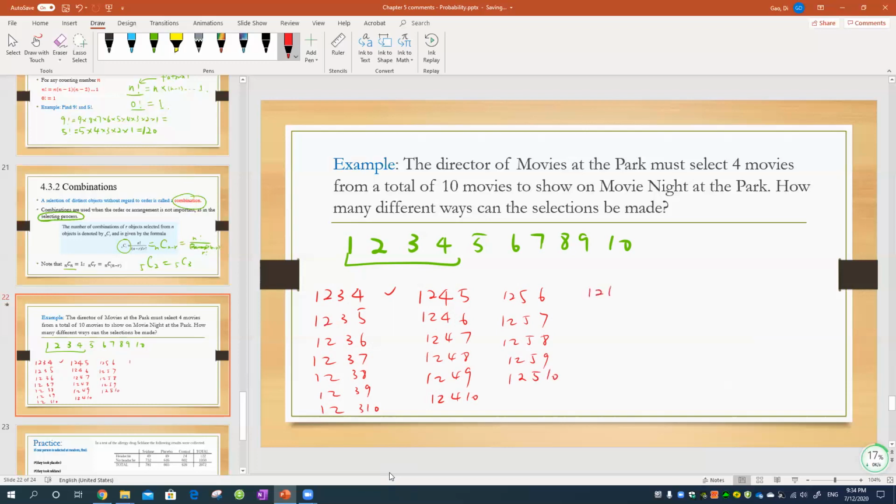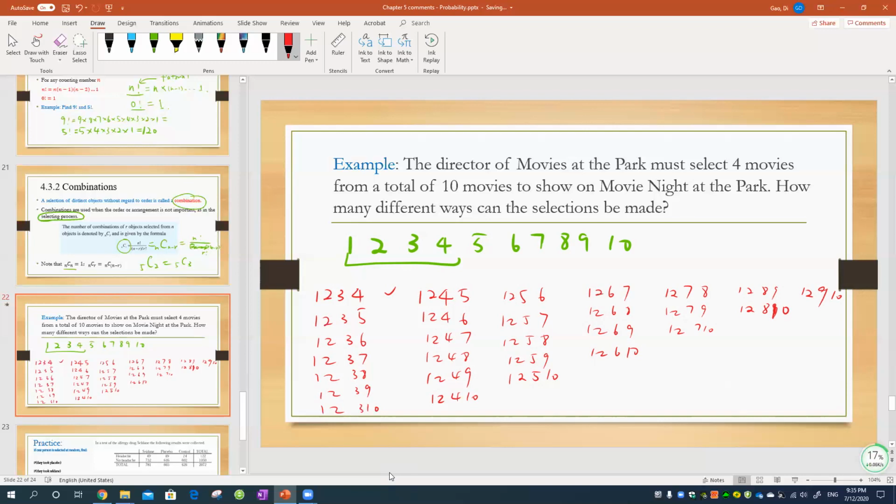Then 1, 2, 6, 7 up to 1, 2, 6, 10, then 1, 2, 7, 8 up to 1, 2, 7, 10, then 1, 2, 8, 9; 1, 2, 8, 10; and 1, 2, 9, 10. That's all for 1, 2.